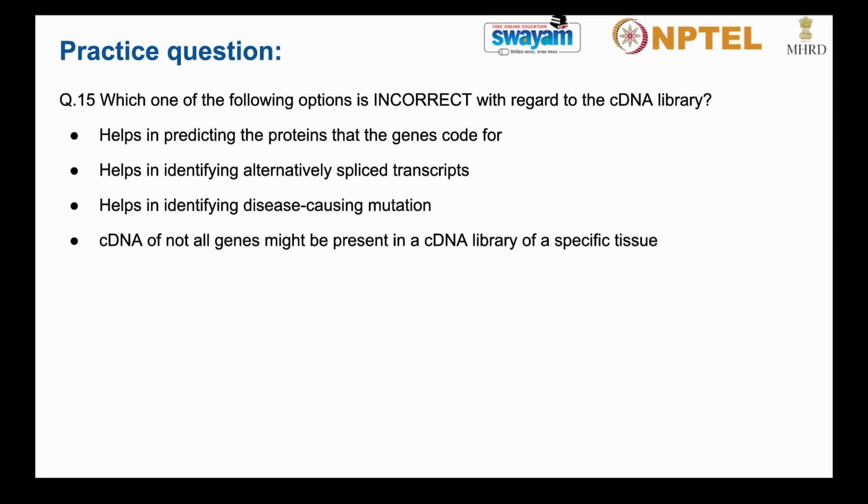The first option is helps in predicting the proteins that the gene codes for. Option B says helps in identifying alternatively spliced transcripts. Option C says helps in the identification of disease-causing mutations. And option D says cDNA of not all genes might be present in a cDNA library of a specific tissue.